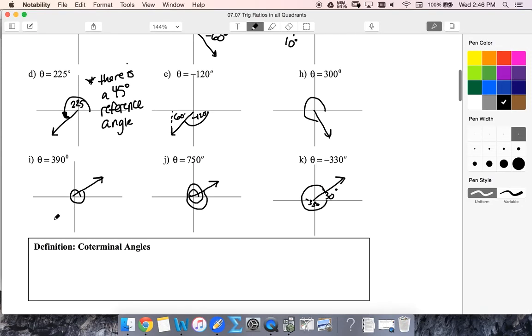So we call these three coterminal because they all end with the same angle. So coterminal angles end with the arms in the same position.